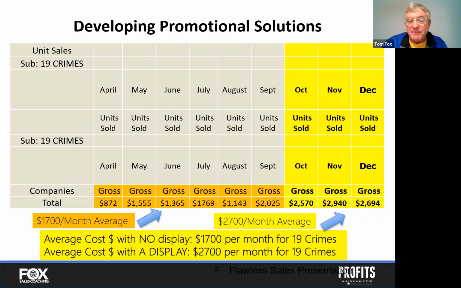That's going to be your gap. So you can apply that logic, assuming your lift will likely be similar to accounts that have done it, as a way of forecasting potential sales. And that's the whole idea.